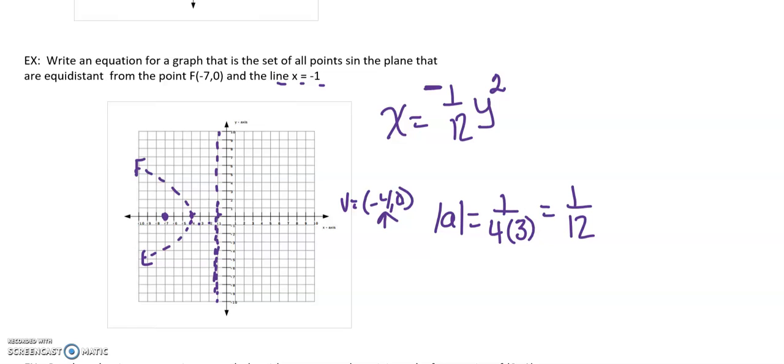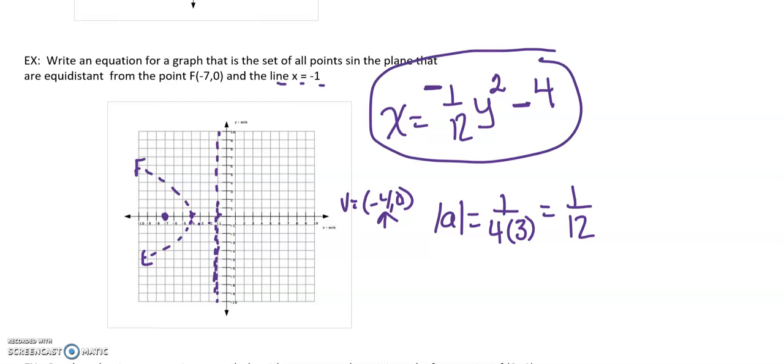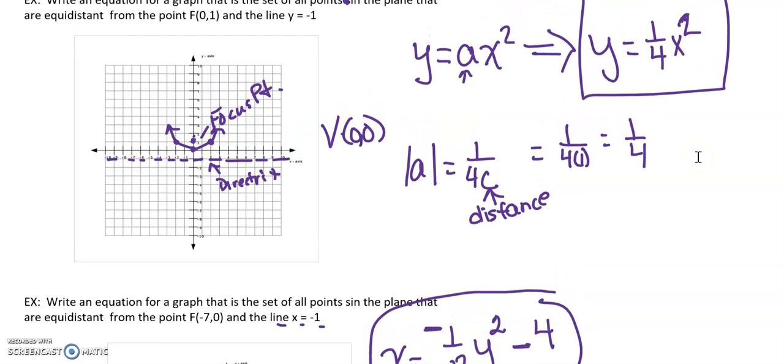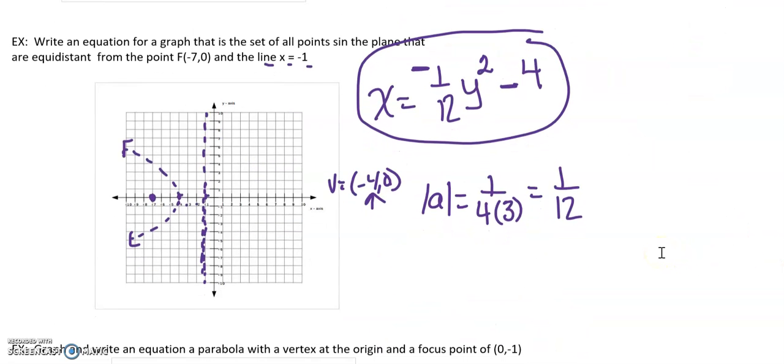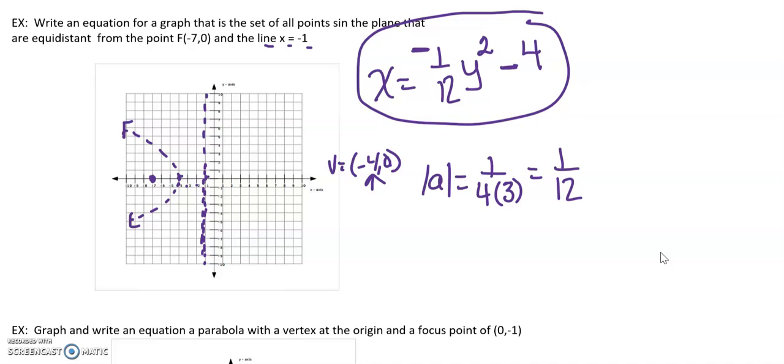We did, however, move on the x, so that's my minus or plus k. It happens to be a -4. This is the equation for this graph. All right, so let's pay attention, because if our parabola opens on the y, our equation is y equals. If, however, the parabola opens on the x, then we have an x equals.